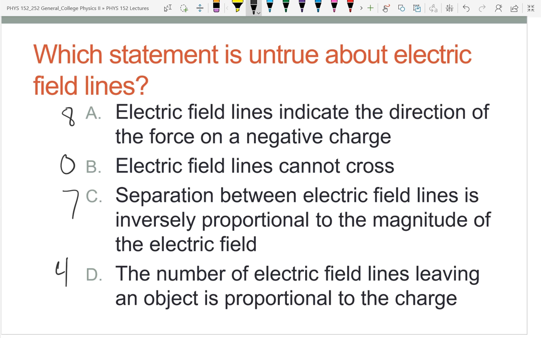So when the lines are close, when the separation is small, you have a big strength. When the separation is large, you have a small strength. So that's an inverse relationship. So the correct answer was that electric field lines indicate the direction of force on a negative charge. They indicate the direction of the force on a positive charge. So the problem there was the sign was wrong.